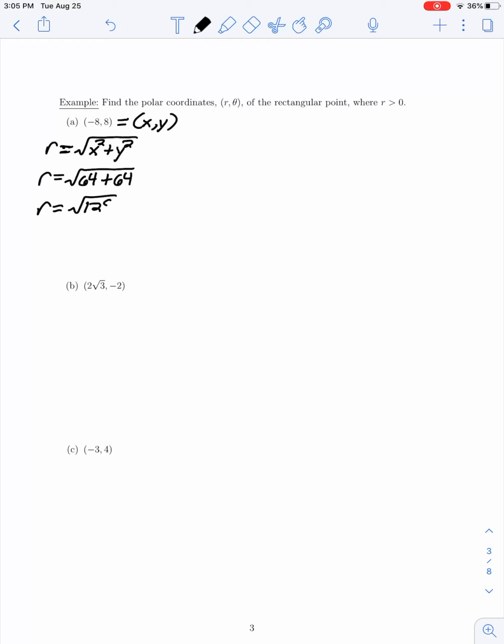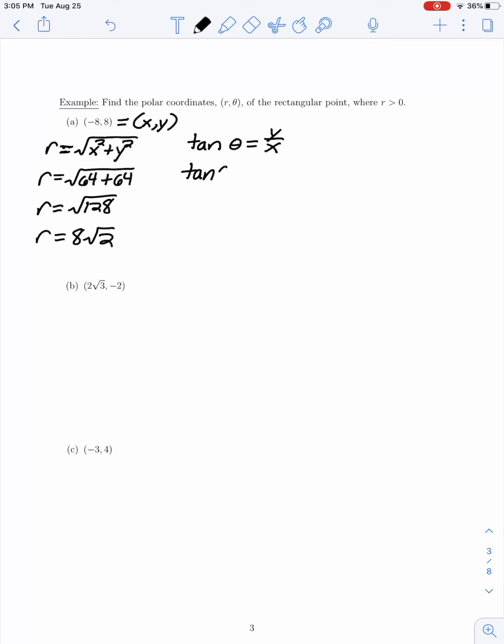So we have the square root of 128. Now, of course, this is 2 times 64. Square root of 64 is 8. So we have 8 root 2 for our r value. And to find theta, we use the equation tangent of theta is equal to y over x.